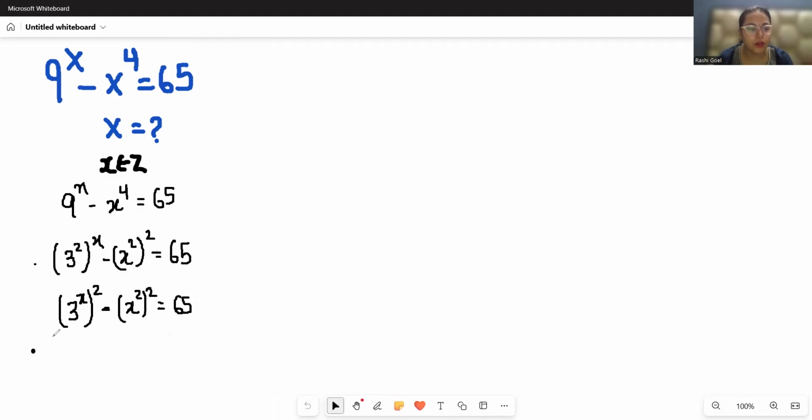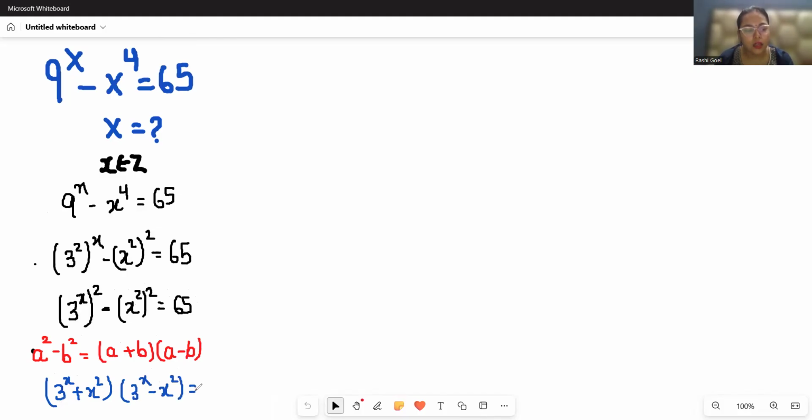So as per the identity a^2 - b^2 = (a + b)(a - b), we can write this as (3^x + x^2)(3^x - x^2) = 65.